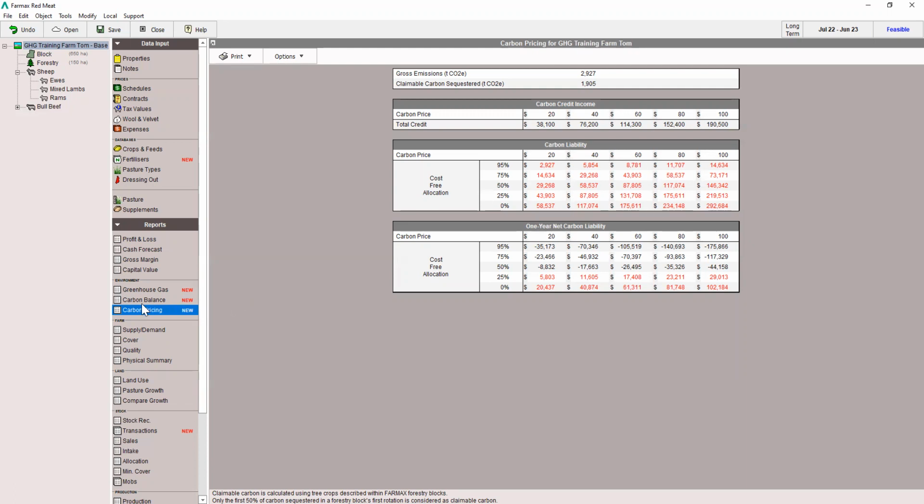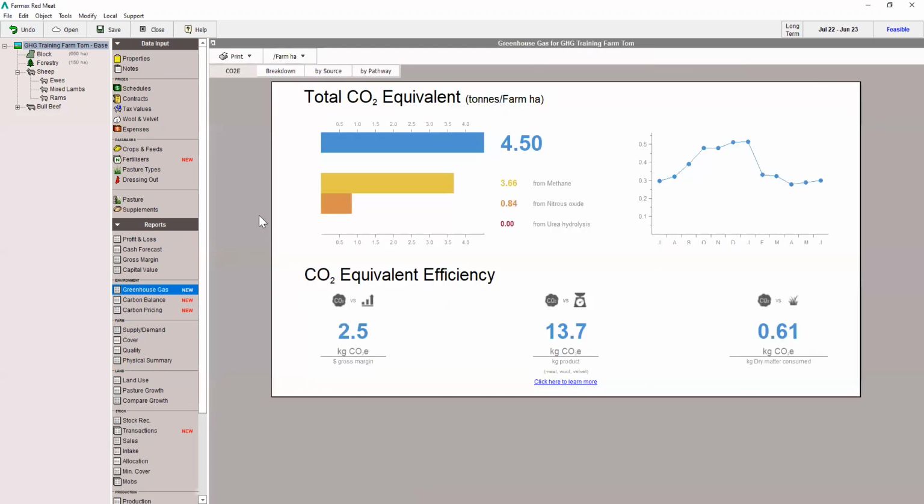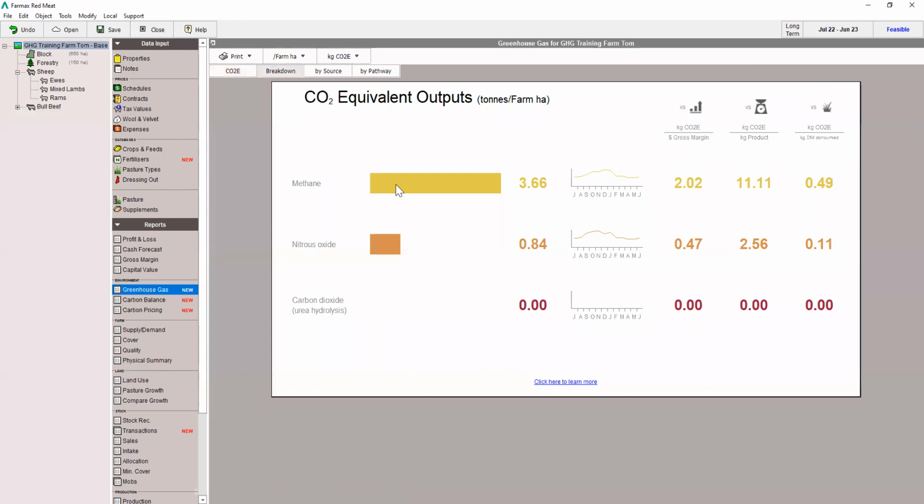Farmax also gives farmers the ability to drill into the source of their emissions. So if I go to the greenhouse gas report, this shows me a good summary of the overall emissions for the full property, but I can also look into breakdown and see how much is coming from methane versus nitrous oxide versus urea hydrolysis, which you would see if you had any nitrogen applications, which we don't have on this farm at the moment.